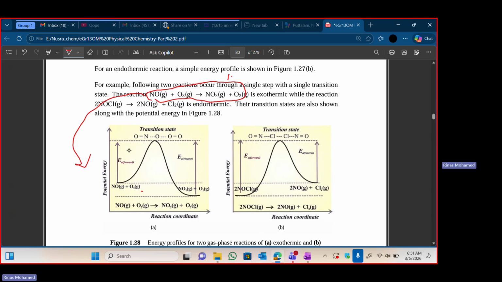From reactant to that transition state, the energy difference, EA forward, I have marked. EA backward also I have marked. All together this reaction happened. That also they have marked. Likewise, you have to draw.